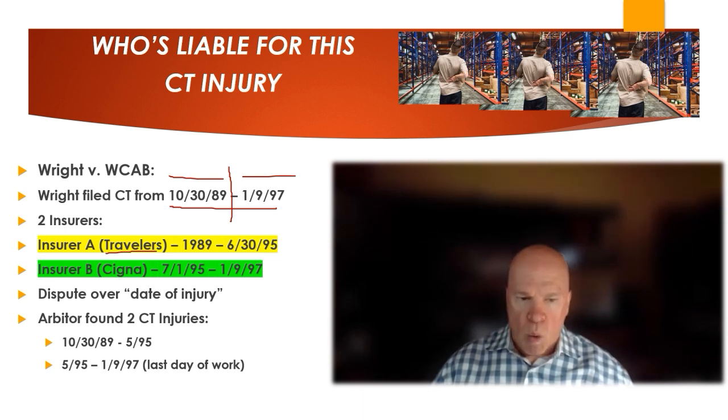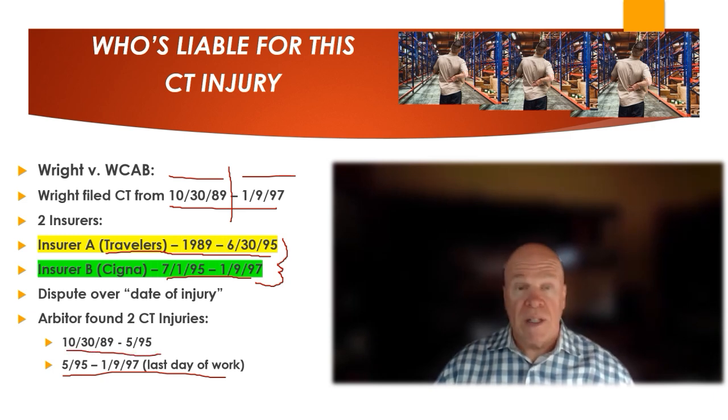So that is 100% under the obligation of Travelers. And then the second cumulative trauma period was from 5/95 to 1/1/97, a period covered by both Cigna and Travelers. So there was some sharing of liability for the second date of injury, and it was Travelers that bore the burden 100% for the first date of injury.